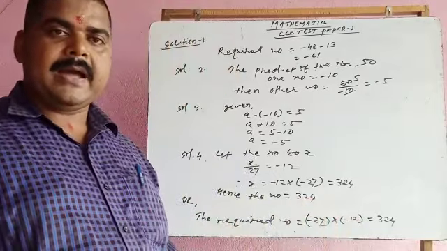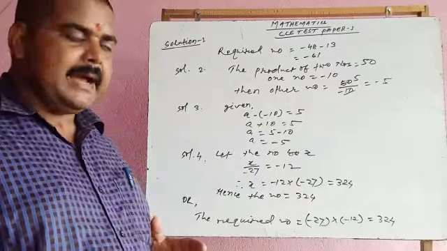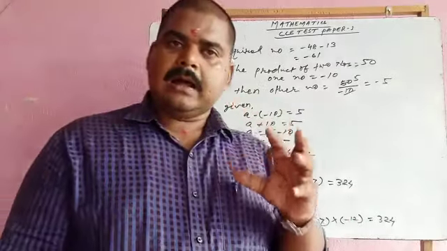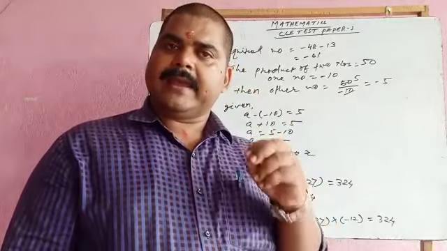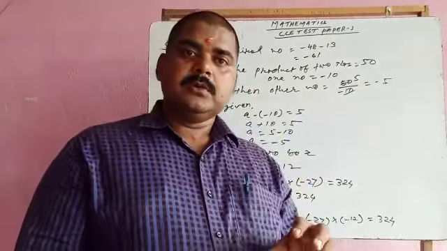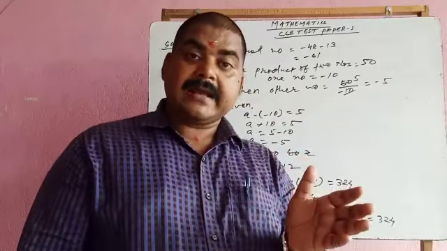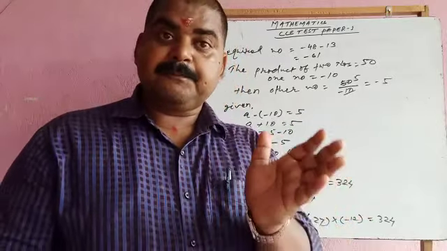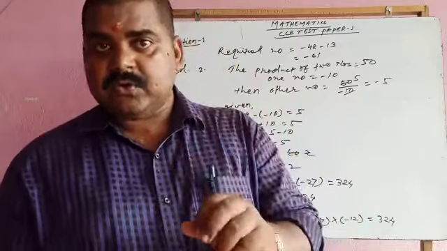One more point you have to keep in mind: in case of division, when any number is exactly divisible, the remainder is 0. So dividend is equal to divisor into quotient plus remainder, but the remainder is 0 in this case.